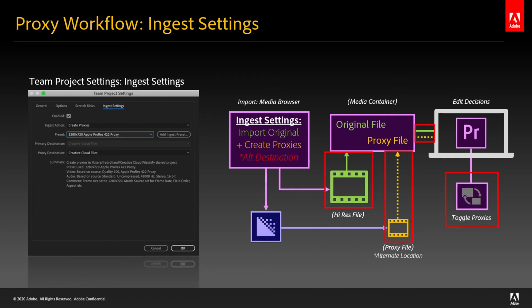With the toggle proxies icon inactive and grey, we see that the green source file is connected as an unbroken line for Premiere Pro playback. The orange proxy file has a dotted line showing that Premiere Pro knows it is attached but not in use for playback.